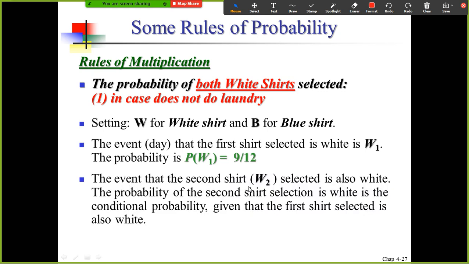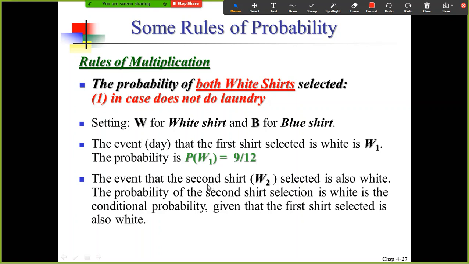The event that the second shirt W2 is selected is also white. In this case, the probability of the second shirt being white is a conditional probability, given that the first shirt selected is also white.